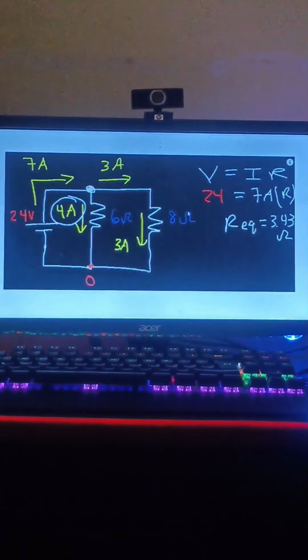Unlike in series, where adding resistance increases it, in parallel it decreases, because when we add more resistance, there's more current to flow. So that's why the total resistance is only 3.43, not greater than 6 ohms and not greater than 8 ohms.